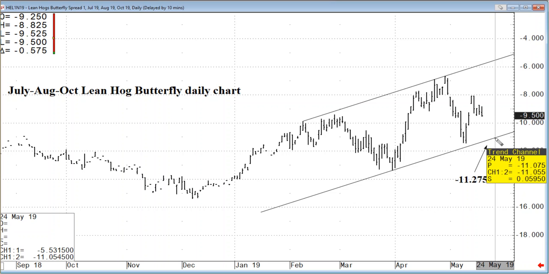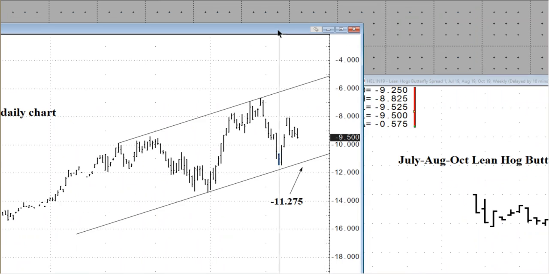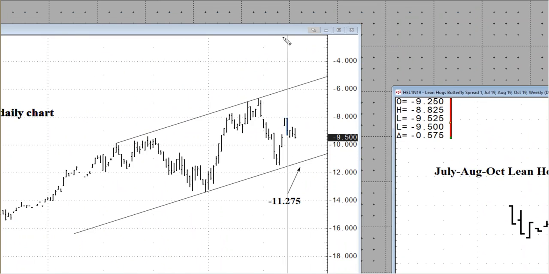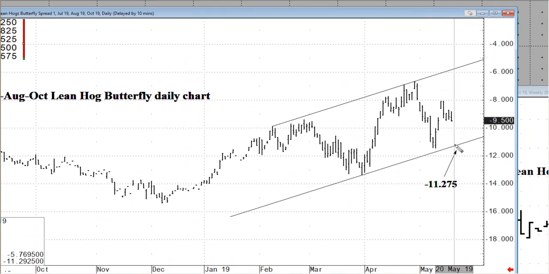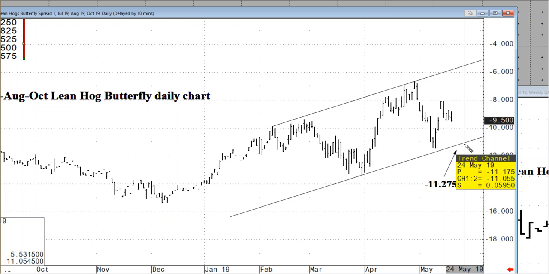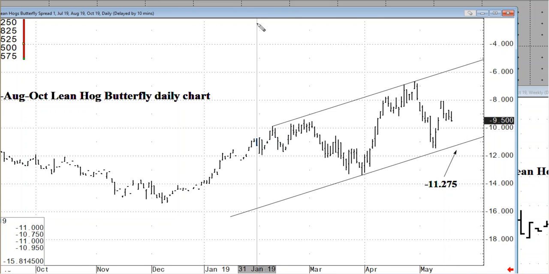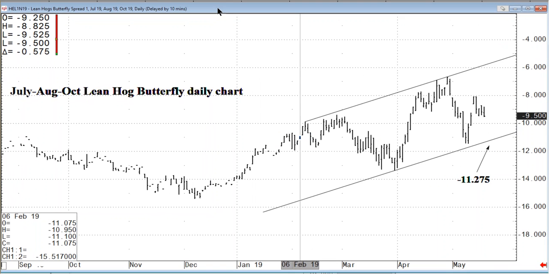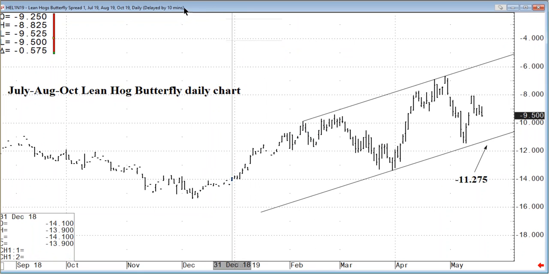So that could be a bit of a difference, whether you're looking at negative 11.3 for the weekly chart, or by Friday it's actually risen. Hold on a second. Negative 11.05. So if we settled Friday below negative 11.05, but not below negative 11.3, you'd have a sell signal on the daily chart, but not on the weekly chart. It could potentially throw you off a bit.